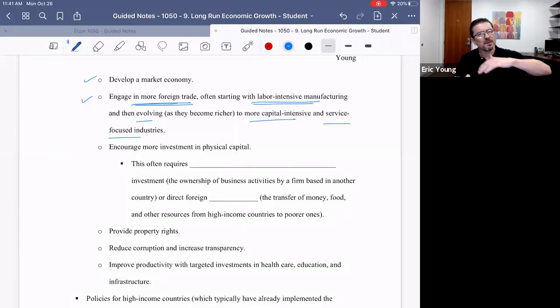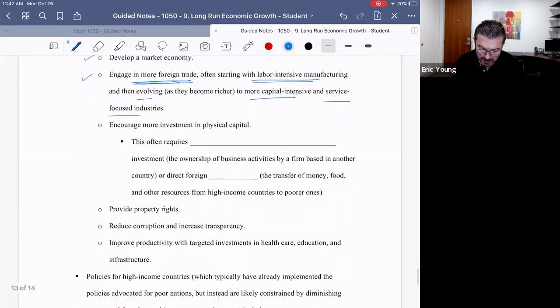So there can be a somewhat predictable progression, though not totally predictable, of how countries can take this path. But it's all going to revolve around, will this country engage in more foreign trade? Because you're going to need richer countries to purchase your products in order to launch, okay?